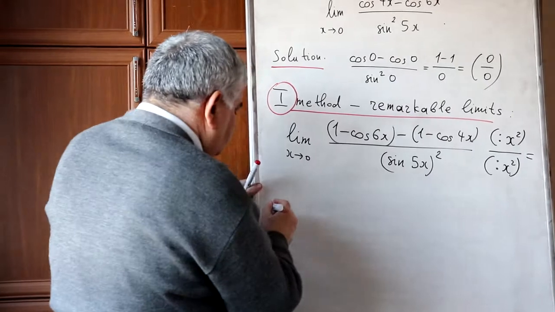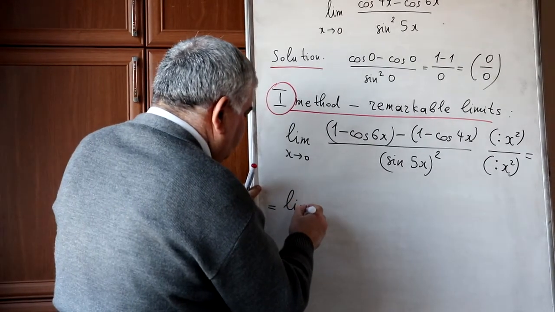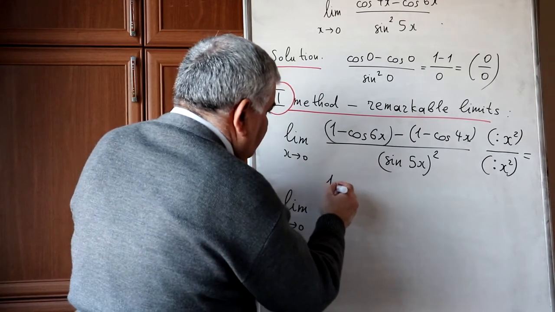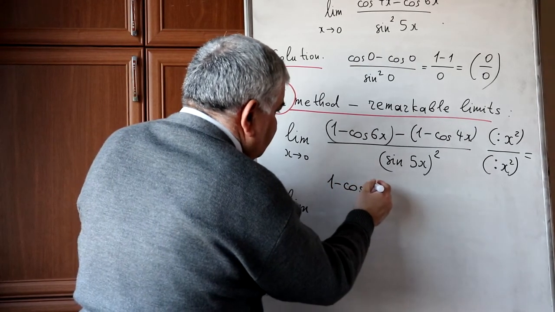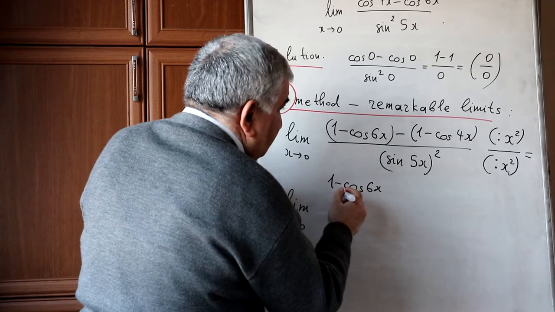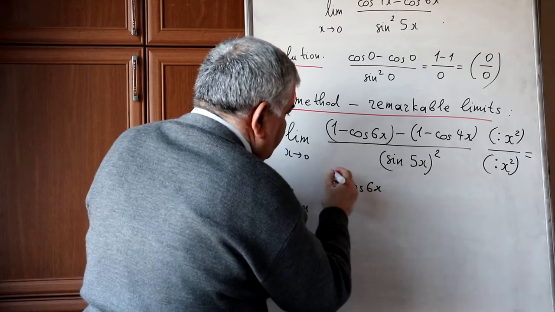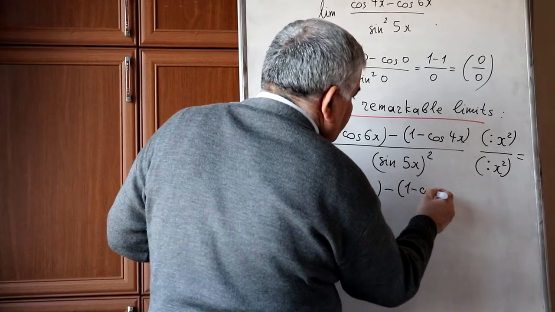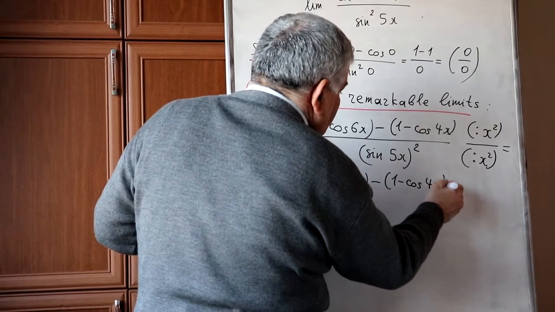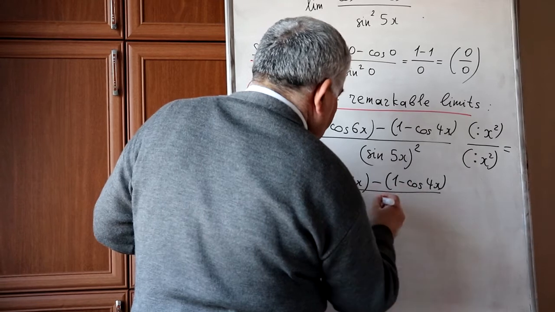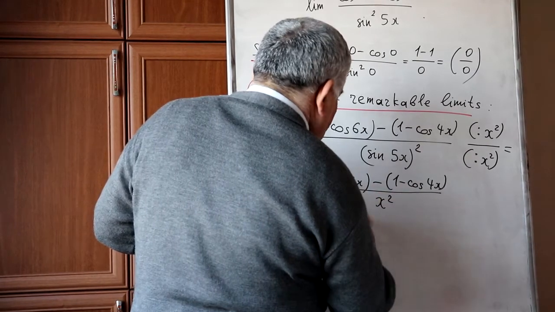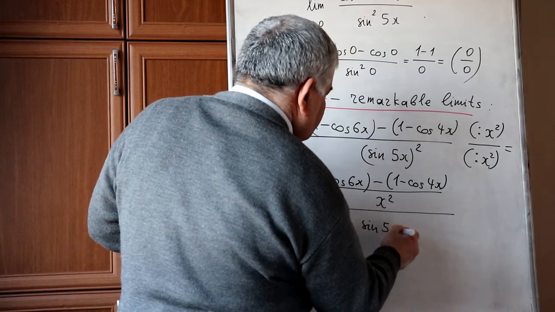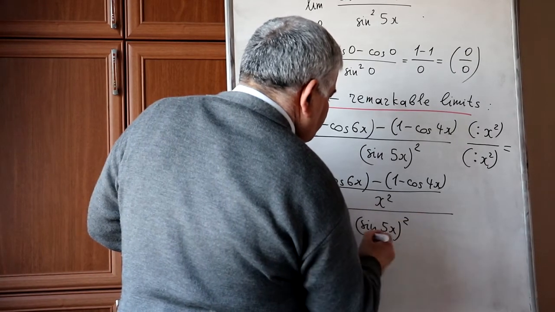Equals limit when x tends to 0 of 1 minus cosine 6x minus 1 minus cosine 4x over x squared, divided by sine 5x squared over x squared.